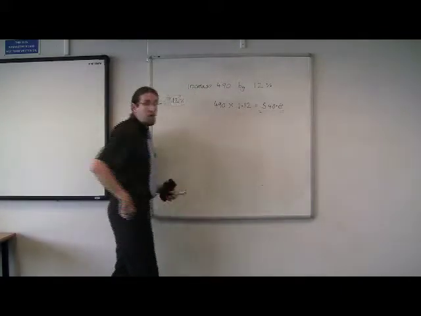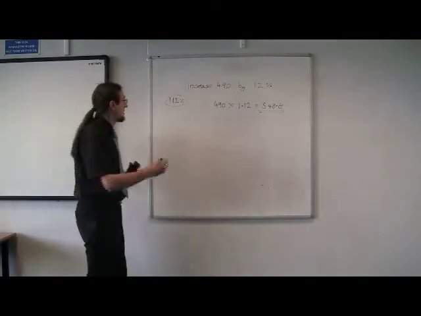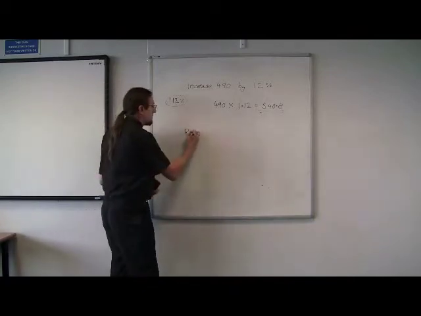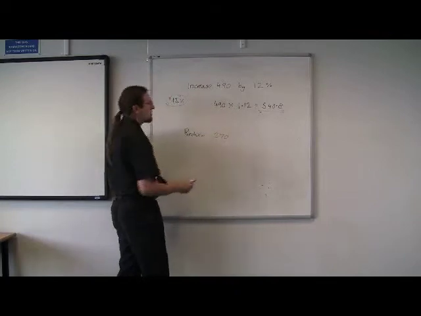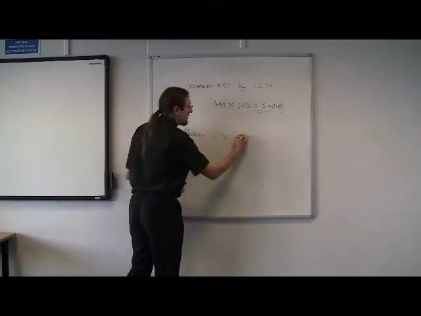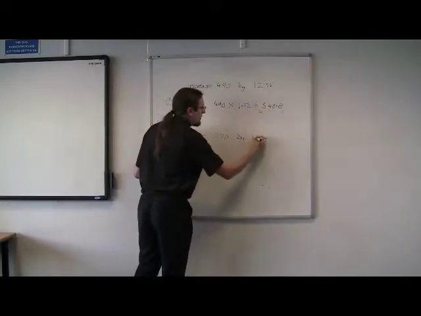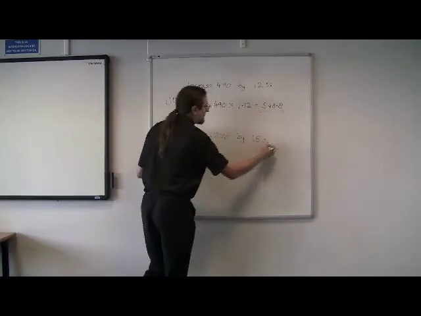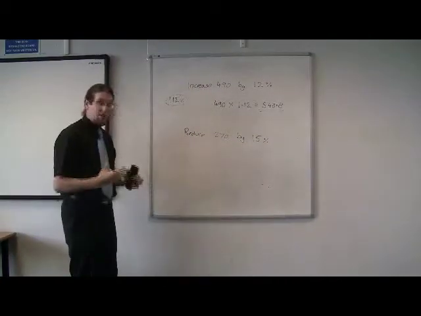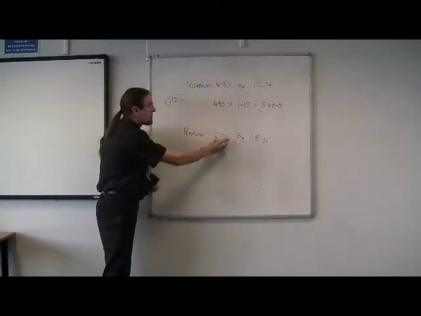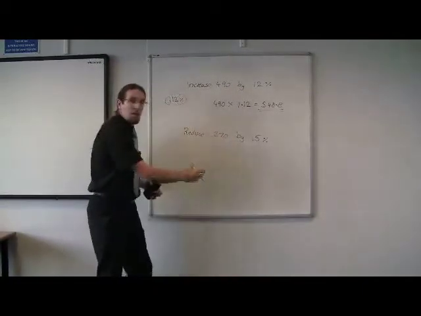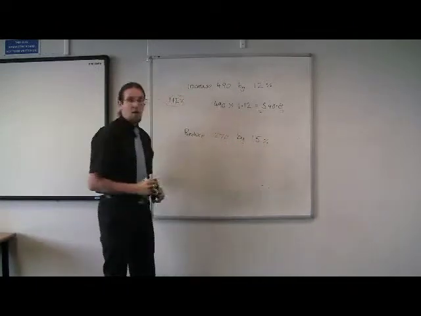We'll also have a look at one where we decrease it or reduce it. Let's reduce 270 by 15%. Now it's going to get smaller this time. The 270 was the original 100%, but you're taking 15% off that.